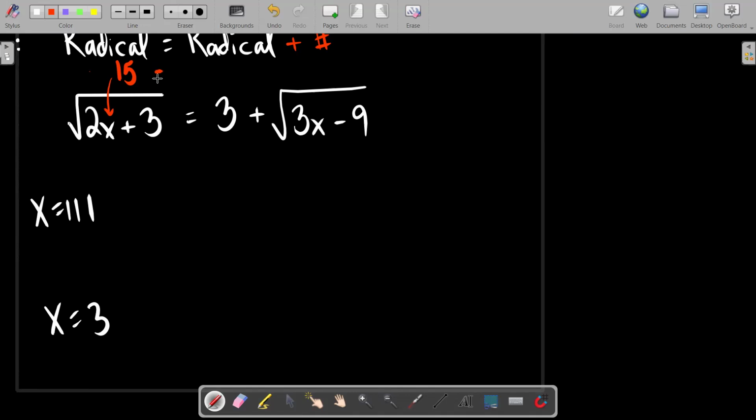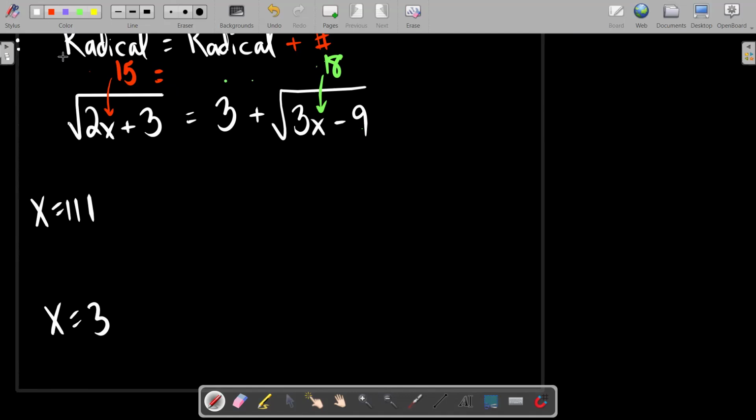And then on the right-hand side, I'll switch colors. Let's go to where the green arrow is. What's 3 times 111? And what's 333 minus 9? 324. And what's the square root of 324? It is 18. And what is 3 plus 18?